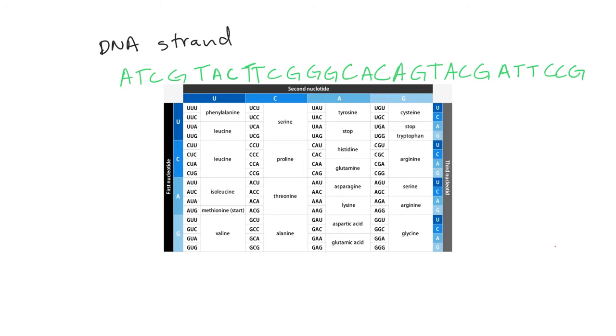Everything's the same. But there are 3 stop codons: UAA, UAG, and UGA. But there's only one start codon, AUG, which also codes for methionine.